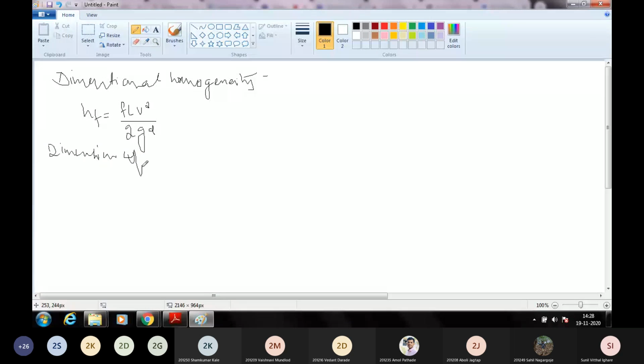of the left-hand side, that is hf. So hf is actually head loss. Head loss we are always taking in terms of height. Nothing but if I have to measure the height, that means I can write it in terms of L, that is meters.